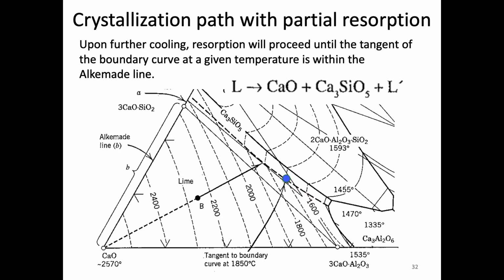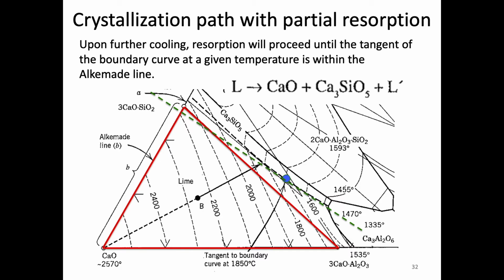All right, so we can look at this tangent along this whole boundary curve and see how it adjusts. So let's take another look at a different region. So let's say we're getting really close to this peritectic point down here. So we're further along, and so we're at this point with the blue dot.